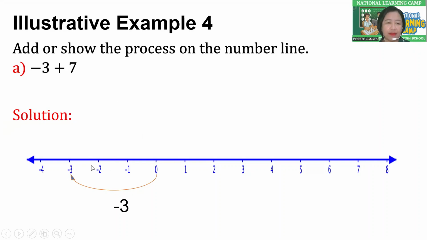For positive 7, start from negative 3 and count 7 units to the right: 1, 2, 3, 4, 5, 6, 7. The answer is positive 4. So negative 3 plus 7 is equal to positive 4.